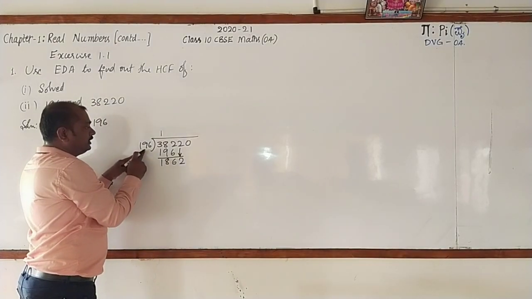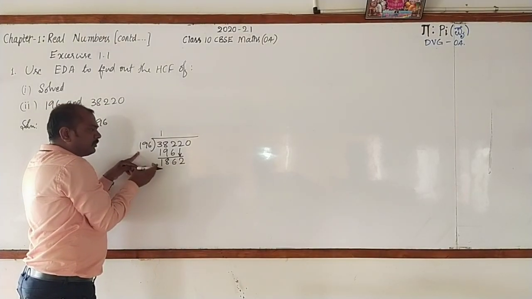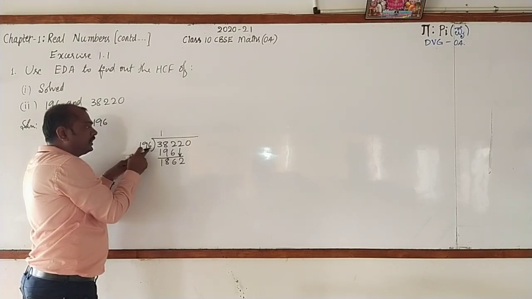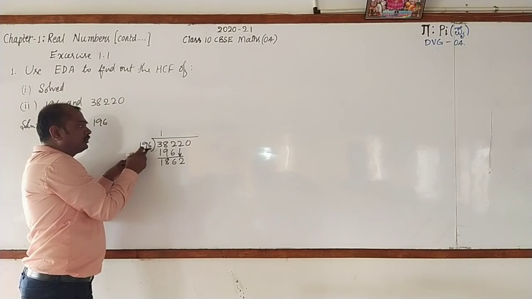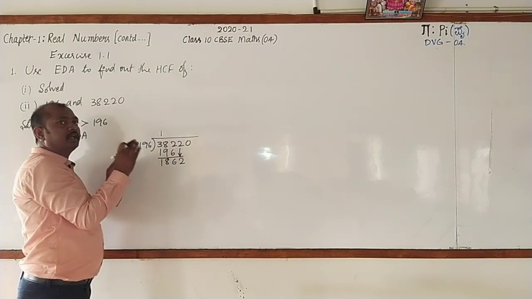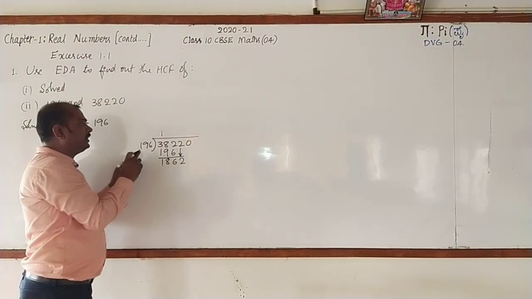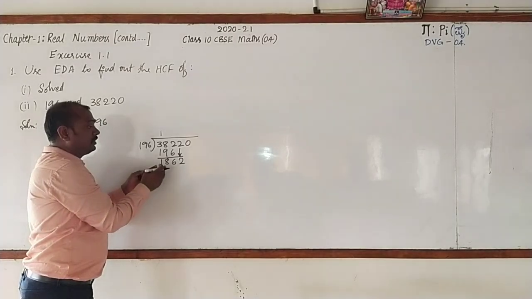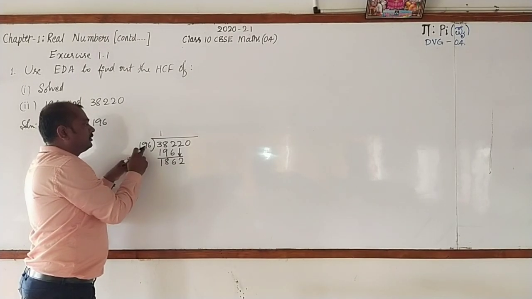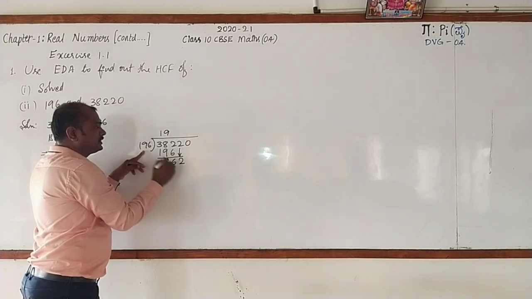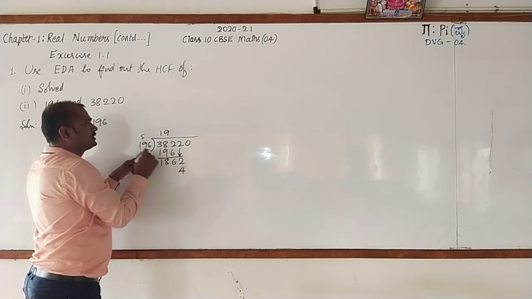Now carry down 2, giving 1862. Now see that here it is a 4 digit number, almost close to 1900, but this is 196. If you take ten times, 196 tens, it will be 1960. That will be a bigger number, hence I go for taking 9 times. So 9 sixes are 54, 5 is the carry.